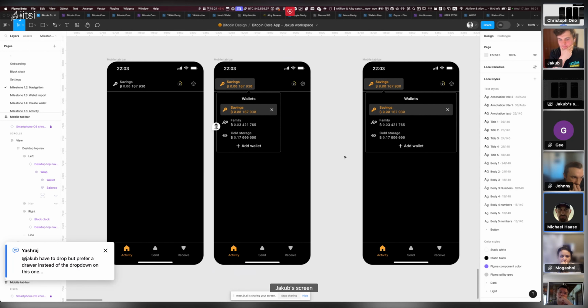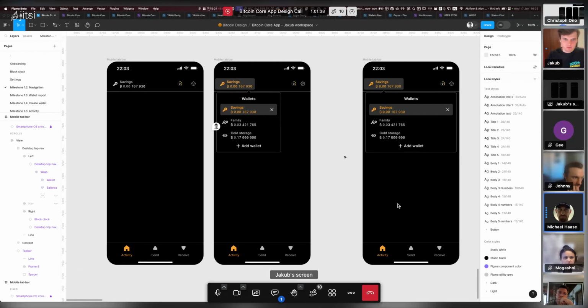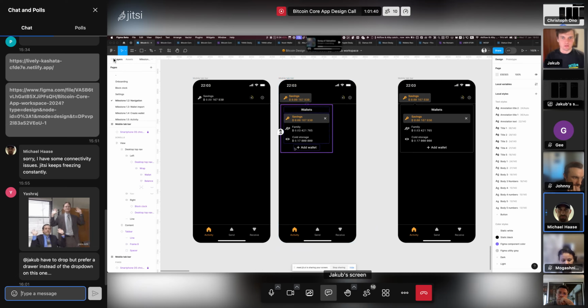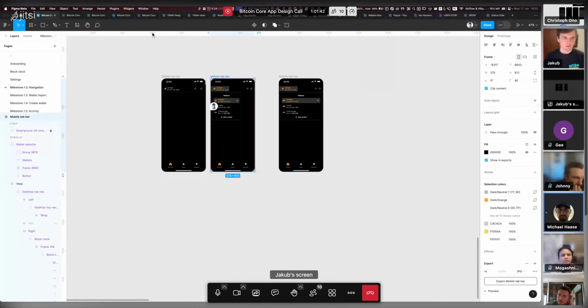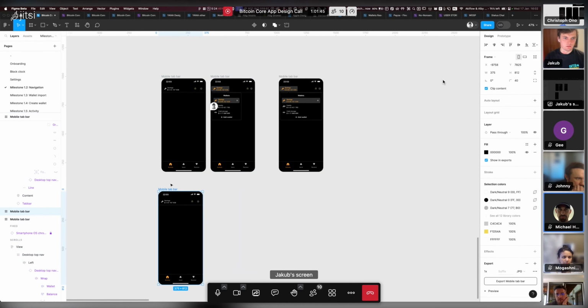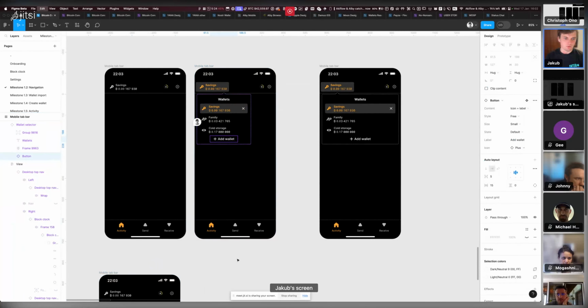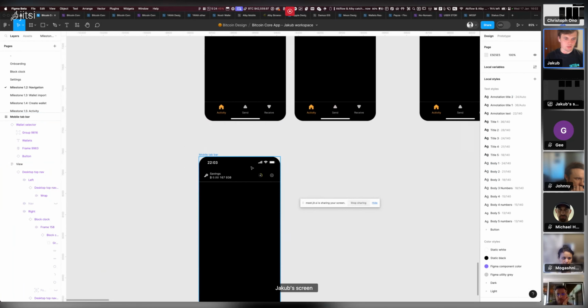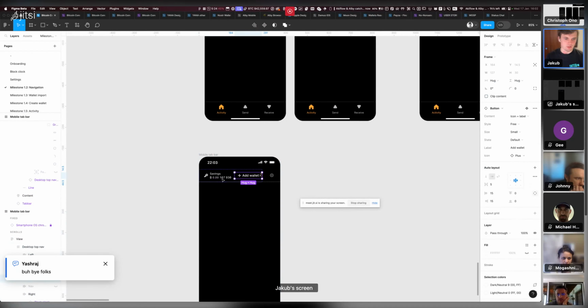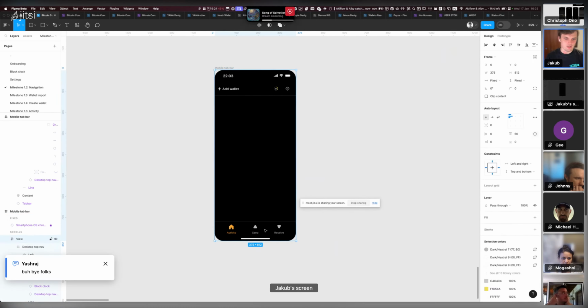But I like to put the settings a bit out of the way. The question is, without the wallet, if we put it here, it would be a bit strange, I think.